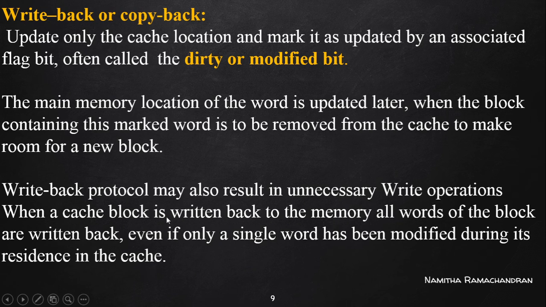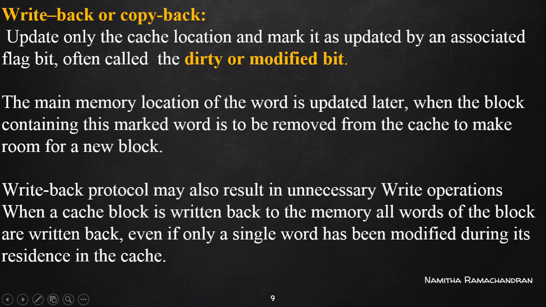This write back protocol also shows certain disadvantages, or shows this unnecessary write operation. How does it happen? While performing a cache block replacement, we need to transfer the entire block of memory that contains the modified memory word.